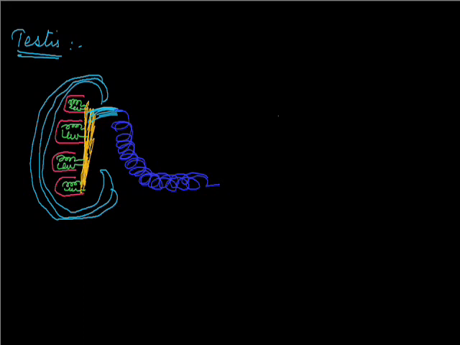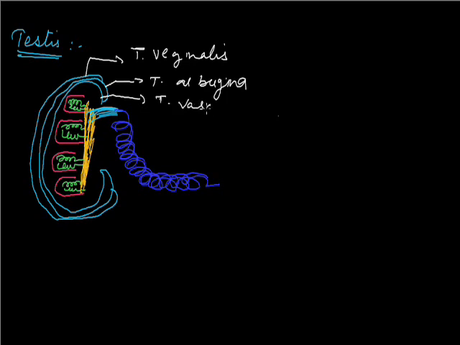Now first of all, if we talk about the membranes of the testis, the outermost membrane is the tunica vaginalis. The middle layer, the second one, is the tunica albuginea, and the innermost layer is the tunica vasculosa.